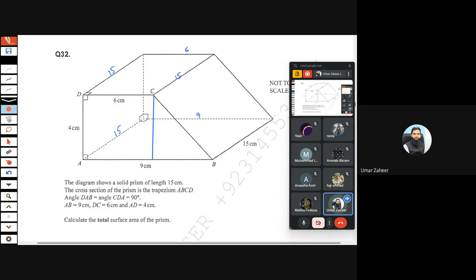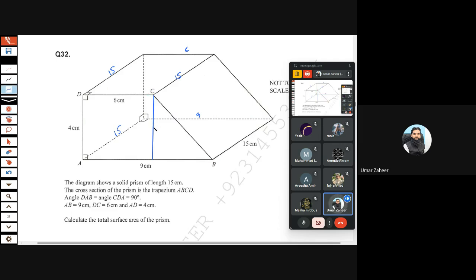Because we are able to find all the areas: the top rectangle, the bottom rectangle, this rectangle, and the trapezium as well. But the problem is we are not able to find this inclined rectangle because we have one side, we do not have the value of the second one, right?